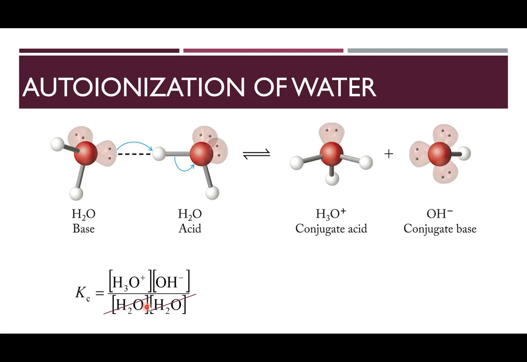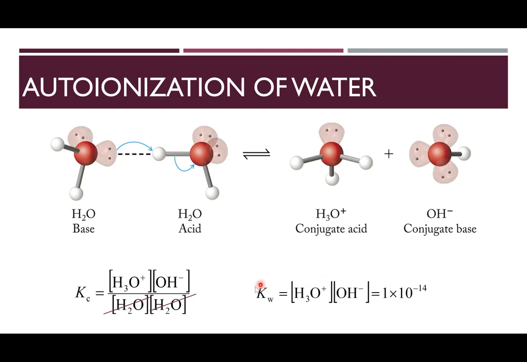So if we don't include the water in our K equation, we've got a K equation that is so important, we actually give it its own subscript. We replace this C with the letter W. So this is the K value for water, and it is just the concentration of hydronium times the concentration of hydroxide.